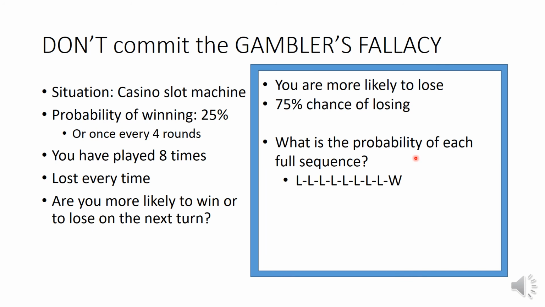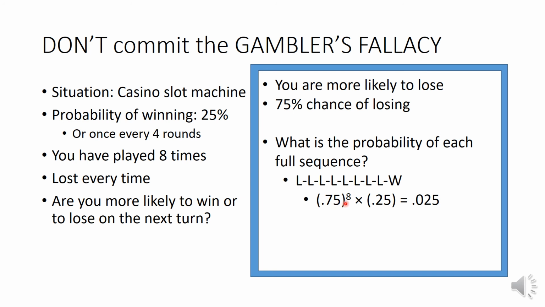Okay, so I'm assuming that you have thought about it. The way that we would calculate it is the same way that we were calculating it with the coin. What's the probability of losing? 75%, or 0.75. Now I didn't want to write that out 8 times, so I just put it to the 8th power. What that means is we have 0.75 times 0.75, and so on, 8 times.